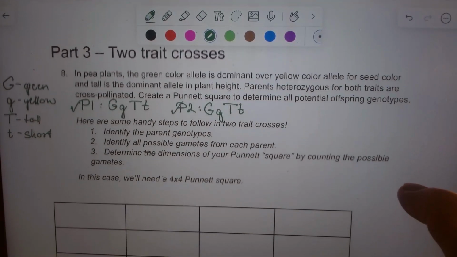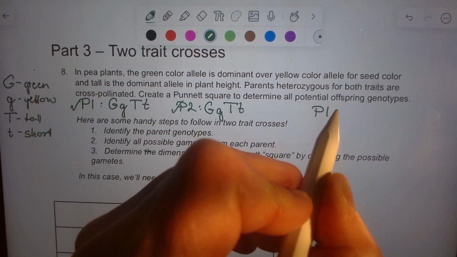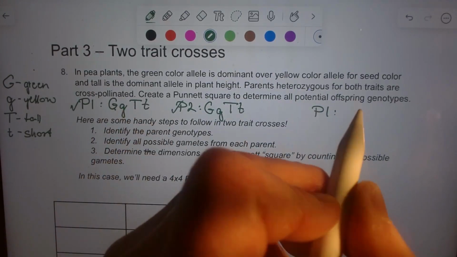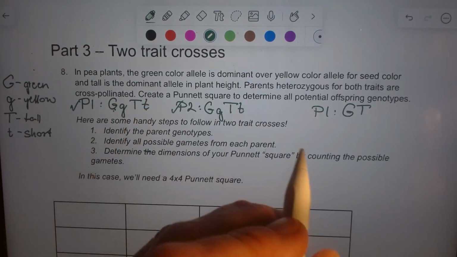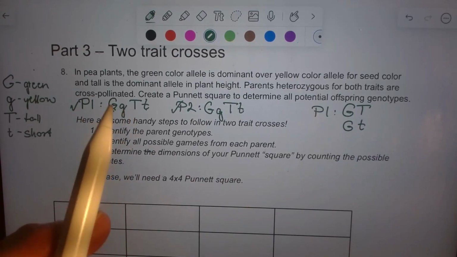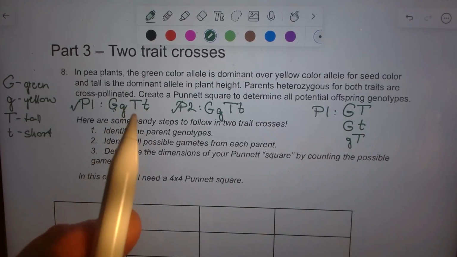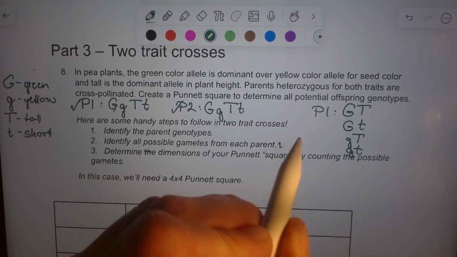For parent 1, the capital G can assort with capital T, capital G with lowercase t, lowercase g with capital T, and lowercase g with lowercase t. So these are the 4 possible gametes. Now, identify possible gametes. Check.